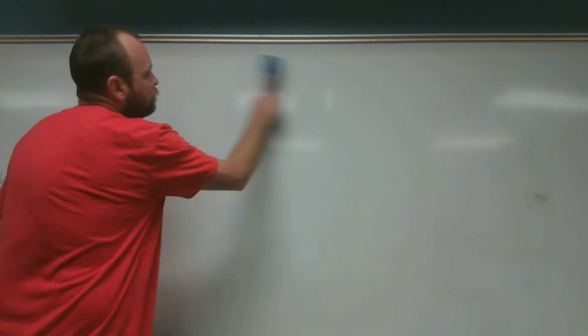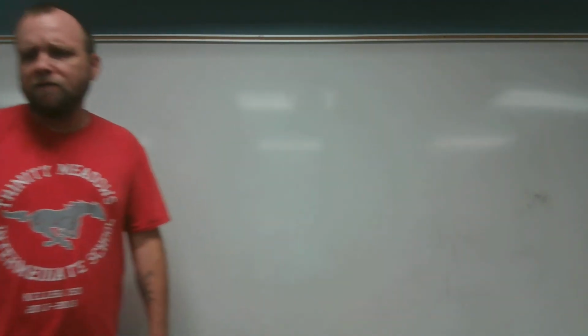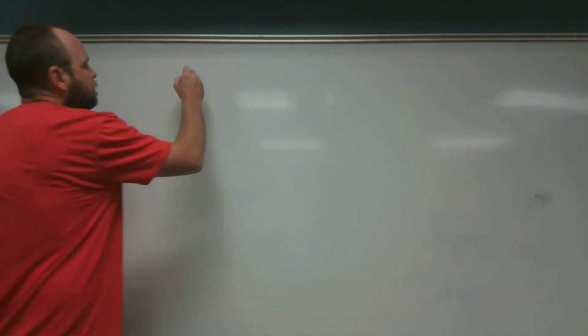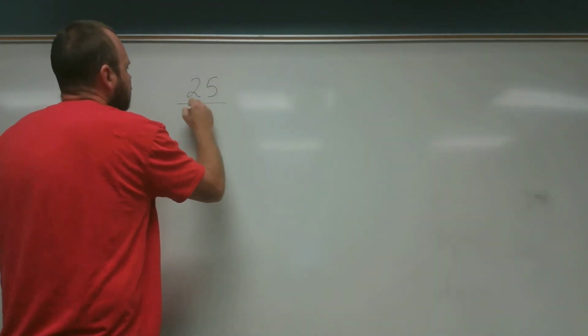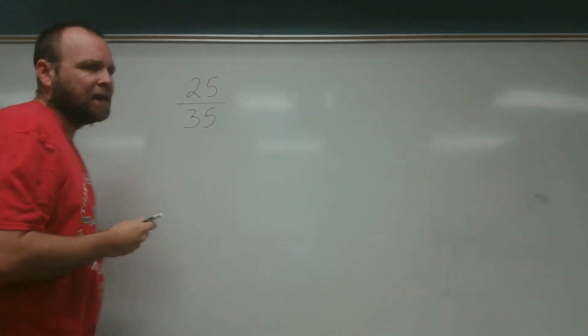And one more before we move on. I saw several people take 25/35 and leave it as 25/35. But once again, if we go back to our divisibility rules, Jason, can you think of a number that is a factor of both 25 and 35? 5.